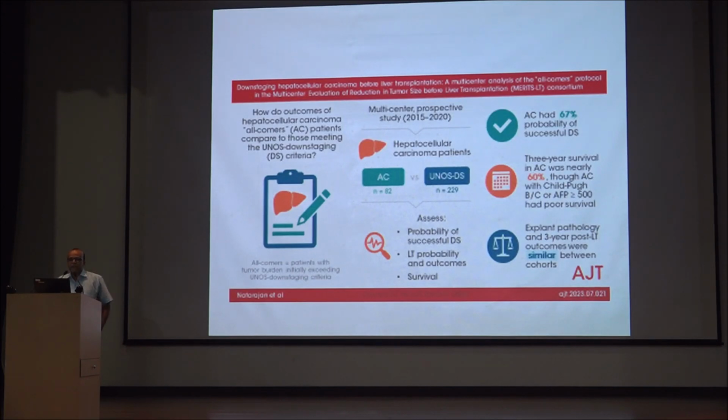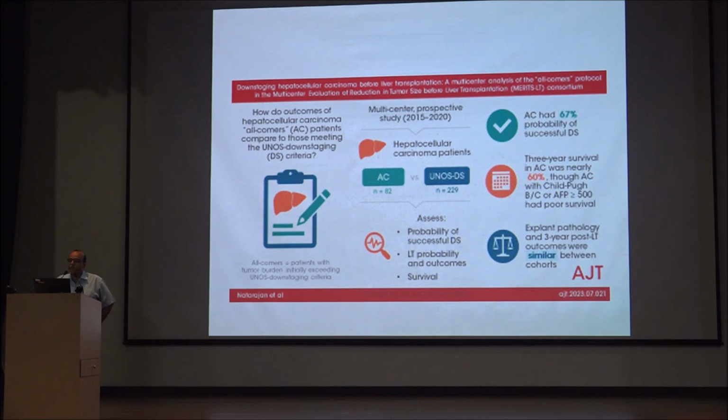What they observed, for patients outside the UNOS criteria, the all-comers, compared to those meeting UNOS criteria, was that they had 82 all-comers and 229 within-criteria patients. The all-comers had a 67% probability of successful downstaging, and the 3-year survival in all-comers was nearly 60%.